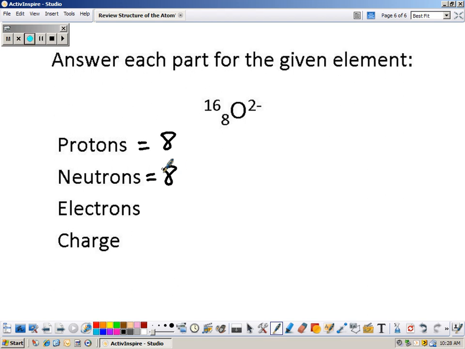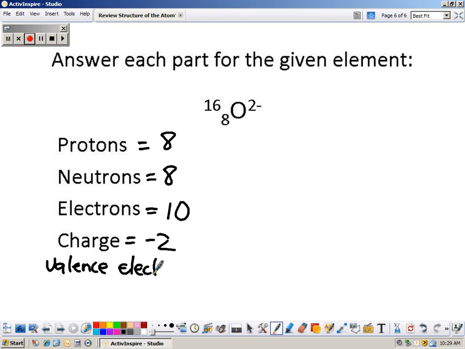If you're not sure, put your little charges here and double-check it. You add these together, you're going to have a -2. So that has to be 10. Let me erase the charges now. Charge? -2. And then valence electrons is 6.